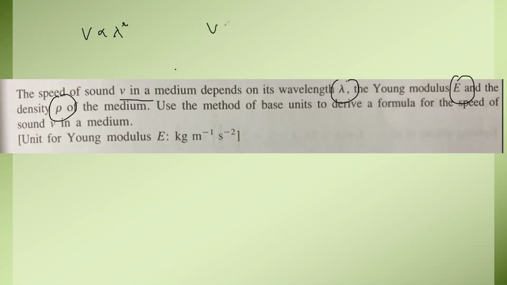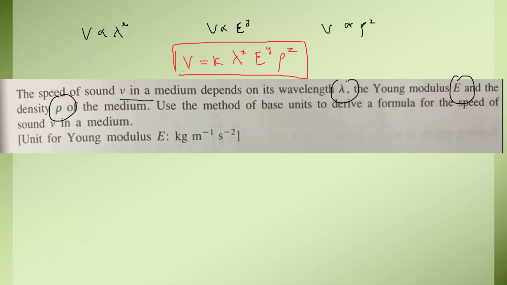Speed can be related to the Young's modulus raised to power y. And the speed is related to the density raised to power z. If I combine all these, I can say speed is proportional to all of them, or equal to a constant K times lambda raised to power x, the Young's modulus raised to power y, and the density raised to power z. Is it clear till this point?